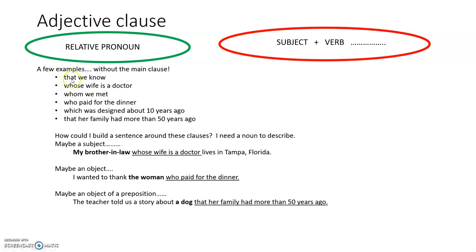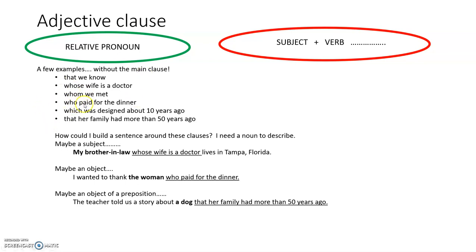And often we see a subject right after that word, like we, and her family.